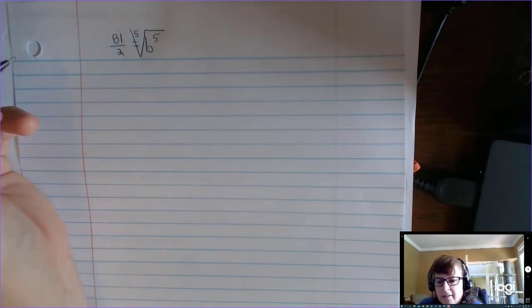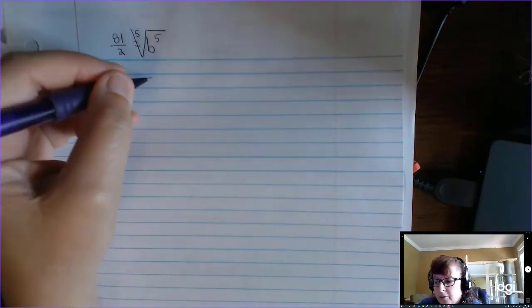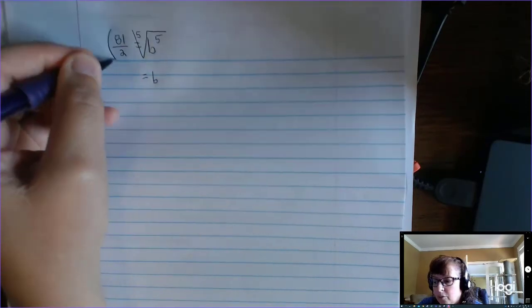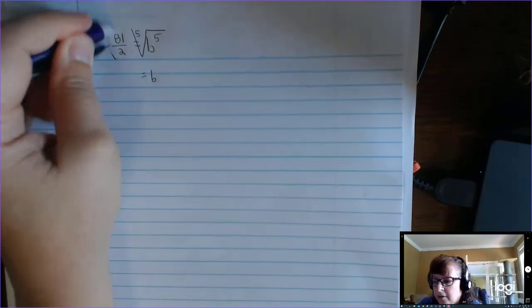Okay, and I told you I would show you the other way to get rid of this 5. The other way you could do it is you could take the 5th root of b to the 5th. That's legal. 5th root of b to the 5th is just b. And then whatever you do on one side, you're going to do to the other.